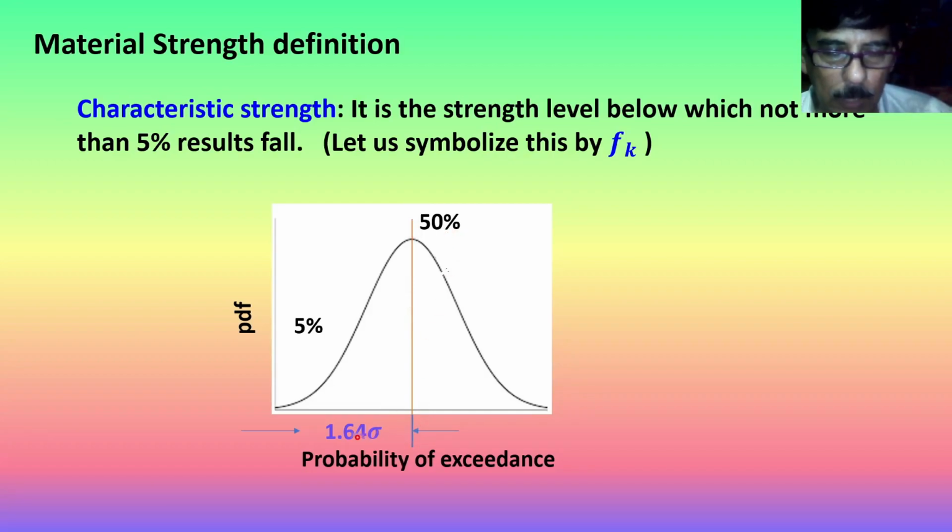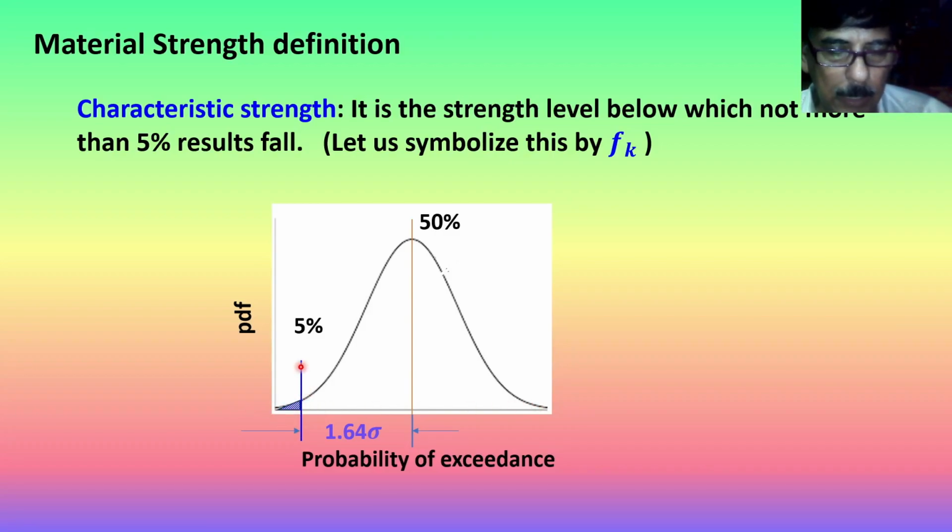If you go on the left hand side, you are going to lower and lower strengths. If you go by a distance of 1.64 sigma, where sigma is the standard deviation of the test results, then you arrive at this line, where the materials having strength lower than that value at that blue line will be only 5%. Let us understand further. This blue line corresponds to a strength level which has 95% chance of exceedance on the right hand side and 5% chance on the left hand side.